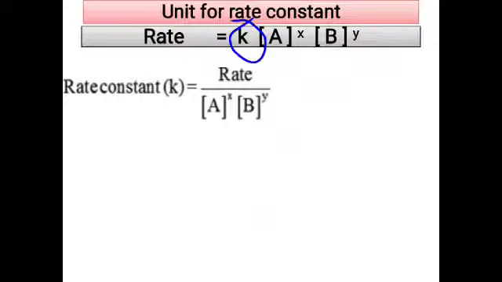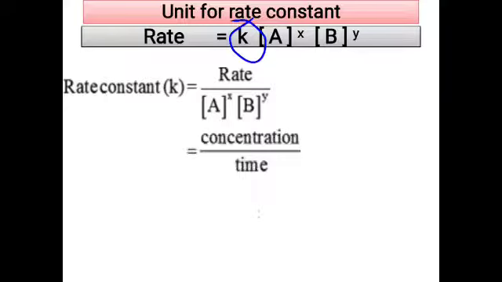Now remember, you're finding the unit for the rate constant for the overall reaction. Rate is nothing but the change in concentration divided by time, so the unit is concentration divided by time.